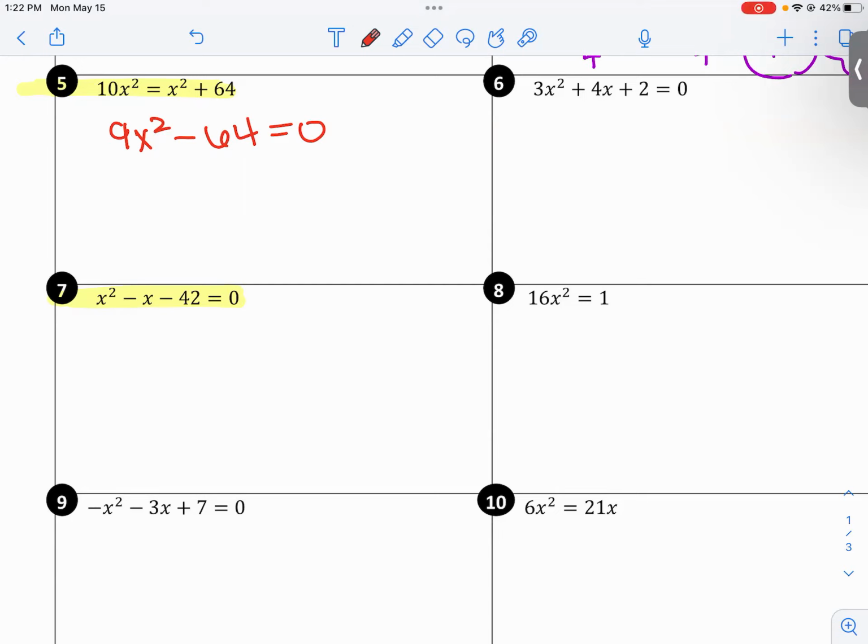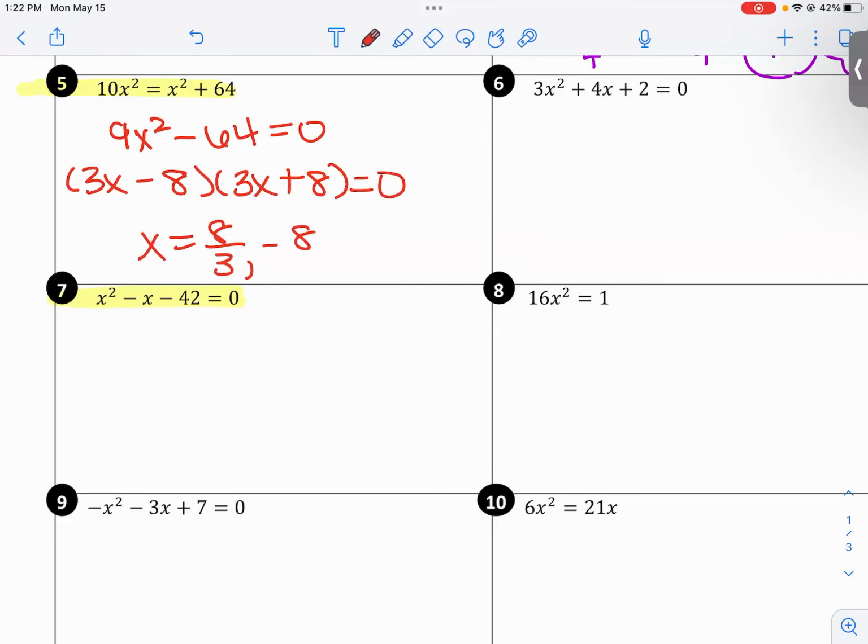Ah, we have a difference of squares. Amelia, how do we factor that? Okay, not squared. So x equals 8/3 and negative 8/3.